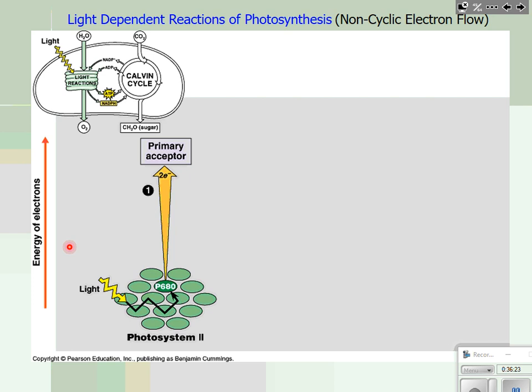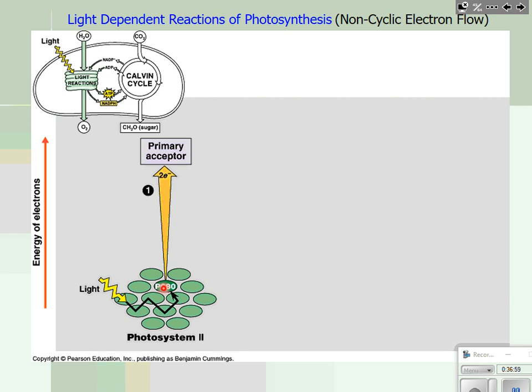So let's go back to the beginning. First we have light striking the chlorophyll, and that light energy is absorbed, at least most of it is, not the green wavelengths, but all the other colors, especially red and orange and blue and indigo and violet, those colors are absorbed by the chlorophyll, and all that energy gets funneled into this central molecule called the reaction center until it has so much energy from that light that electrons within the chlorophyll become excited.